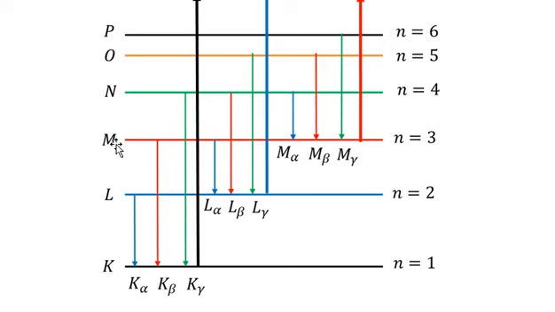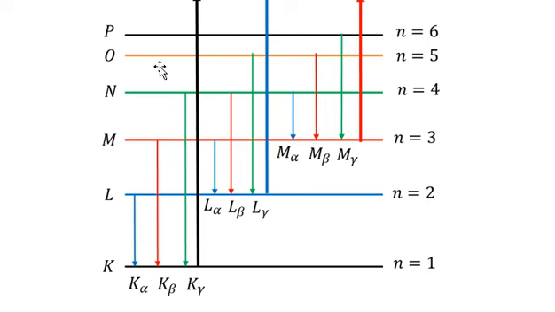And if the electron moves from the M shell to fill the vacancy in the K shell, then a K beta quantum of X-ray photon is emitted. And if the vacancy in the K shell is filled by an electron from the N shell, then of course K gamma is released. That is, an X-ray of K gamma energy is released.